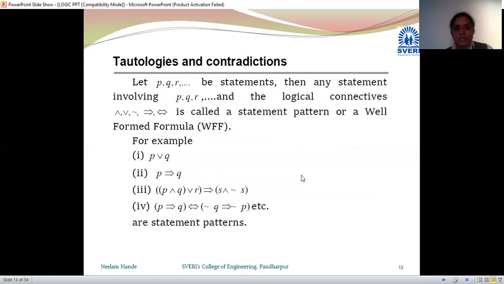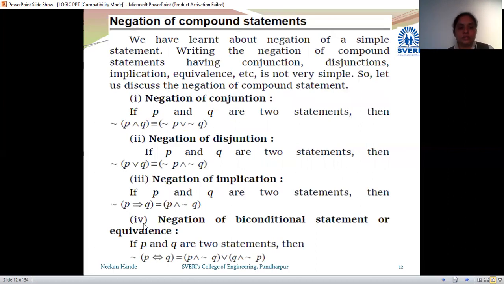Tautologies and contradictions we have seen. Negation of P implies Q is P and negation Q. And if it is double implication, negation of P double implication Q is P and negation Q, or Q and negation P. These are very important formulae.